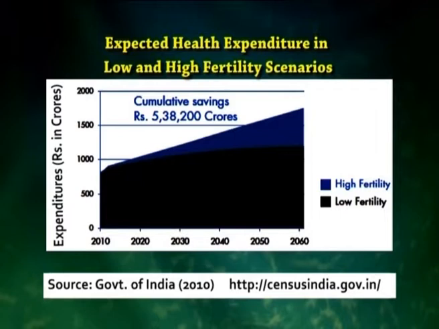The figure shows that with high fertility, India would require 78,800 crores by the year 2060, while with low fertility it would mean merely rupees 54,000 crores. The difference between the two fertility scenarios will mean a cumulative saving of rupees 5,38,000 crore between 2010 and 2060.